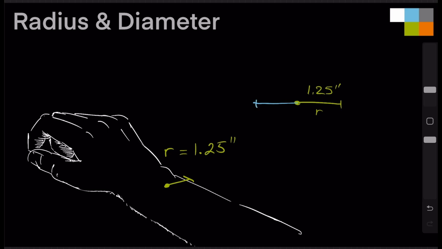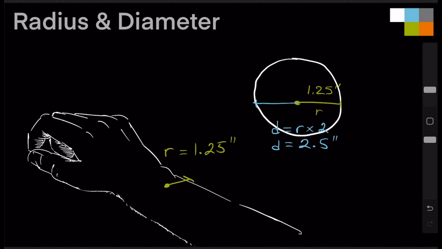And because the diameter is just twice the radius, you know that the diameter is 2.5 inches. And now you can draw a circle on your sheet of paper with a diameter of 2.5 inches.